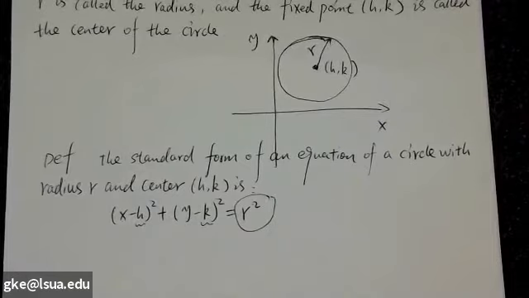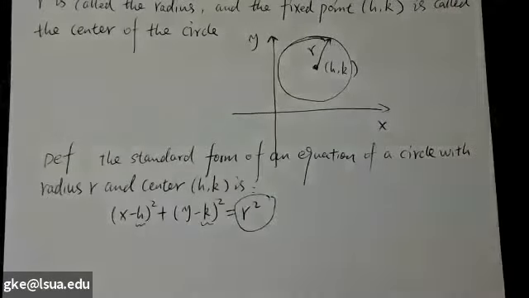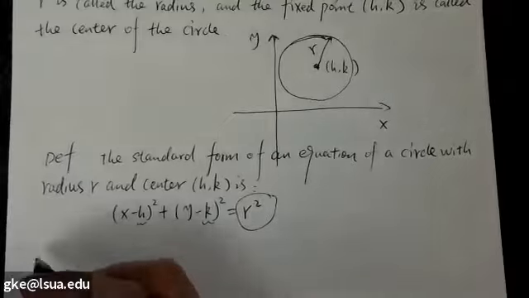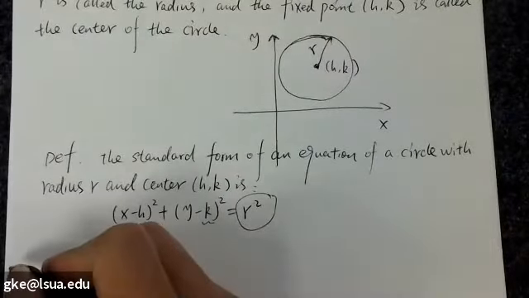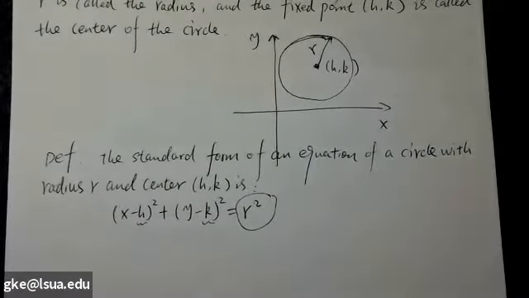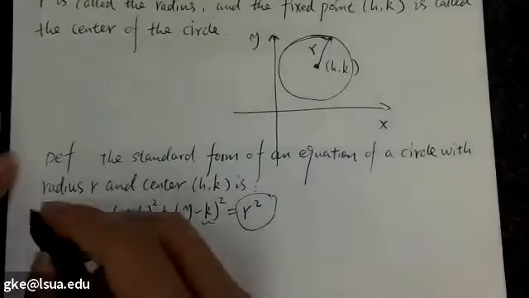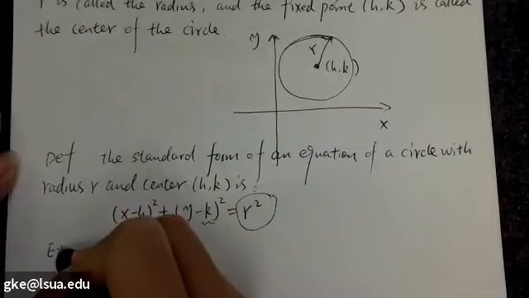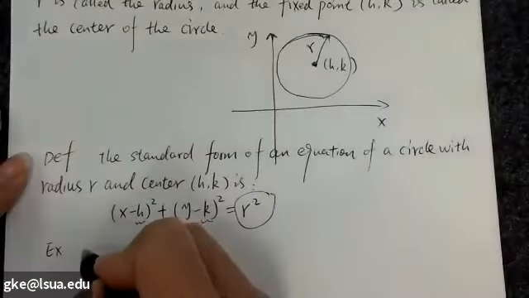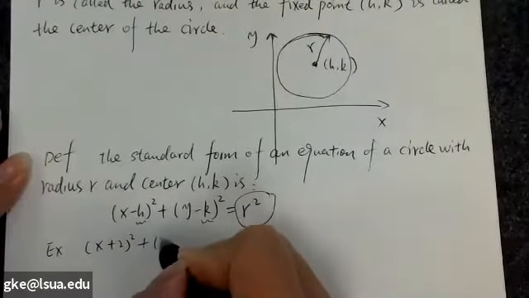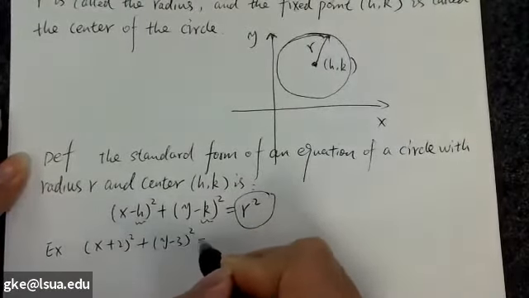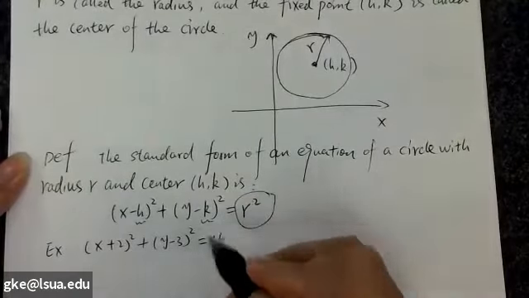Now, theorem. Let me give you an example. What is (x plus 2) squared plus (y minus 3) squared equals 16?